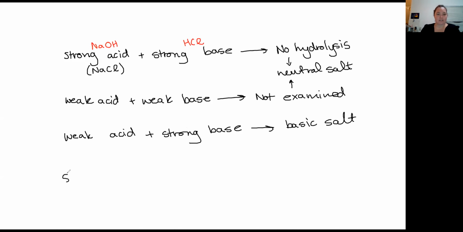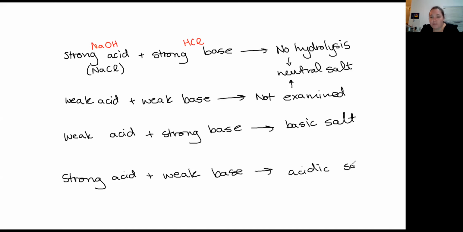And if it is a strong acid and a weak base, we're going to end up with an acidic salt. And these are very restricted in which options we can get. So I've already dealt with the idea where we had a strong acid and a weak base.